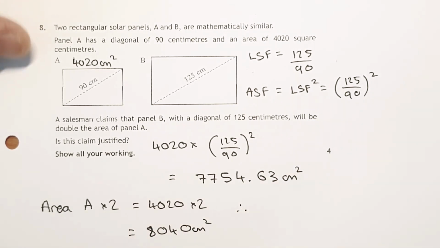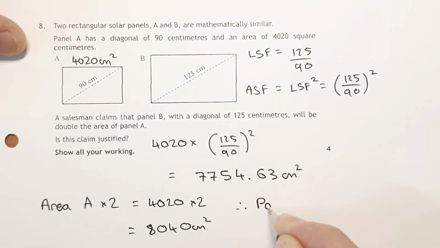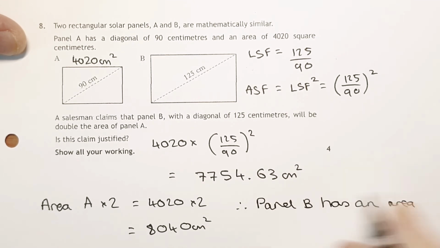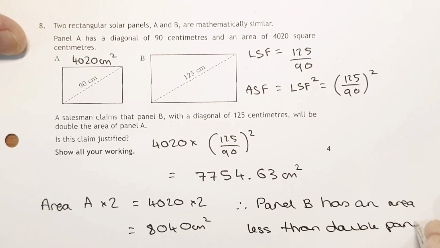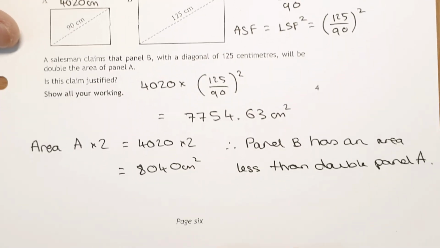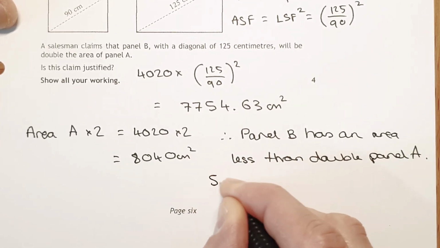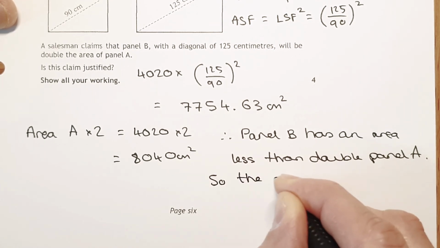Therefore, panel B has an area less than double panel A. We still haven't answered the question yet. Is the claim justified? So we need to add a little bit on to answer that question. So the claim is not justified.